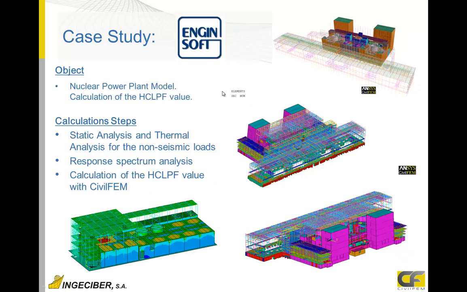Also Enginsoft in Italy, with our help, worked on an old nuclear power plant. They calculated the seismic margin assessment of this nuclear power plant, which had an auxiliary building plus 2 reactors, due to the crisis we had in the nuclear power plant field after the Japan disaster.